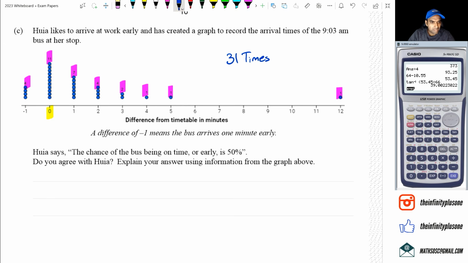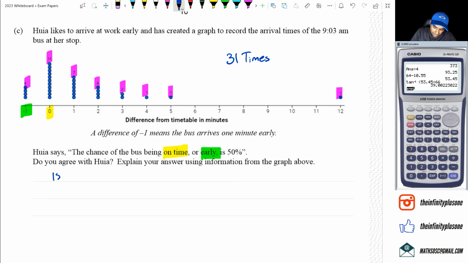And how many times is the bus on time or early? So on time is when it's at 0. Early is when it's coming at -1. So altogether we've got 15, because 11 plus 4 is 15. So this is one of those questions, again, you could go yes or no. So I'm going to do the numerical value, and then you might decide, yeah, it's true, or no, it's not.